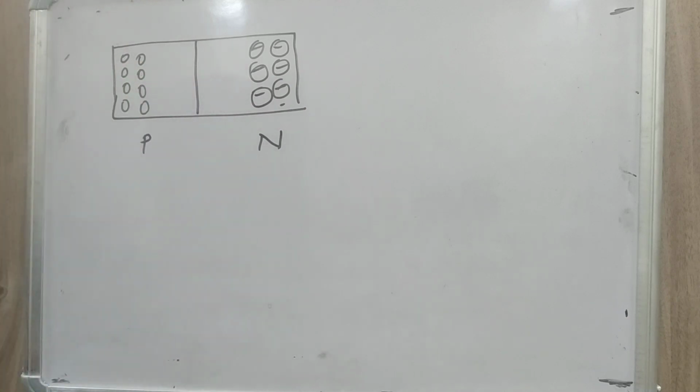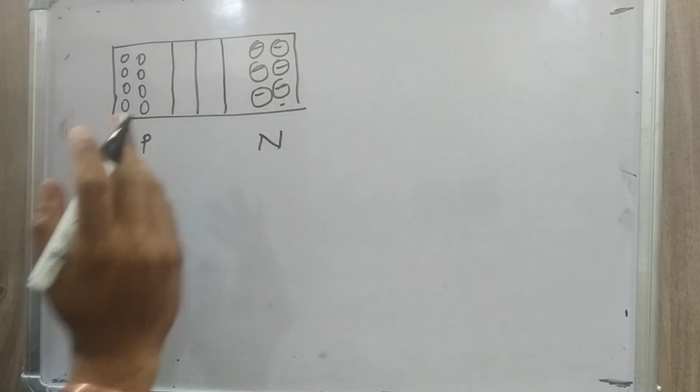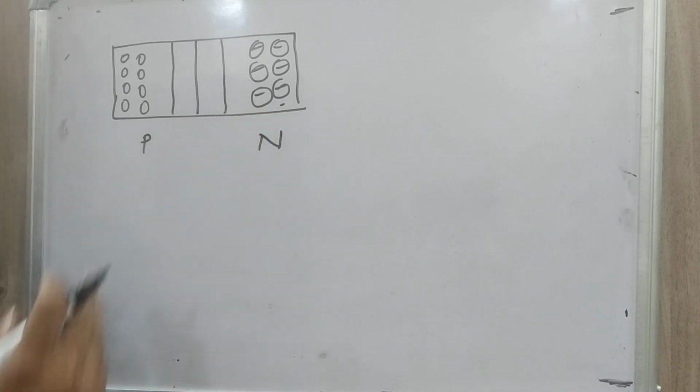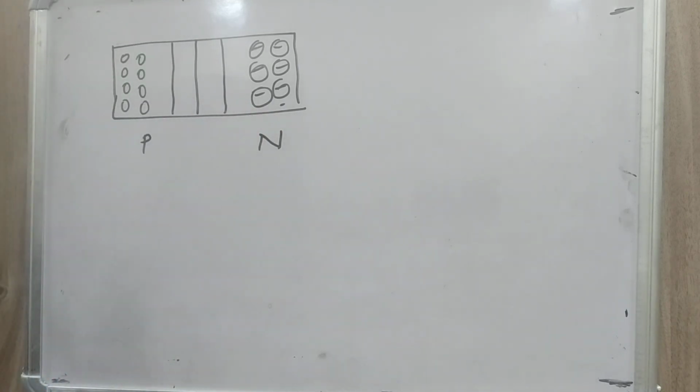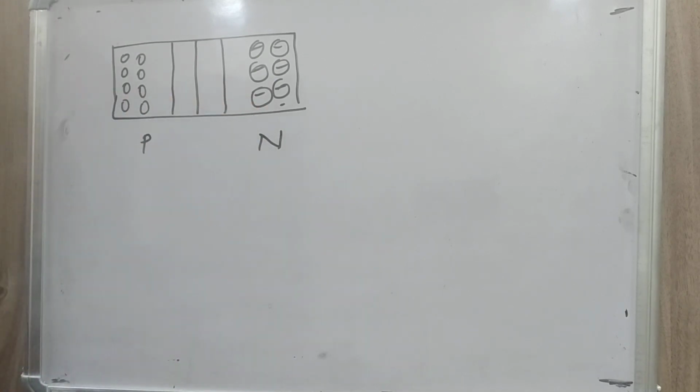Now at the junction we have the depletion layer, which is formed by the movement of the electrons from N side to P side and holes from P side to N side. This is because when the junction is formed, the electrons and holes which are near the junction are affected by attraction forces because they are very near to the junction.